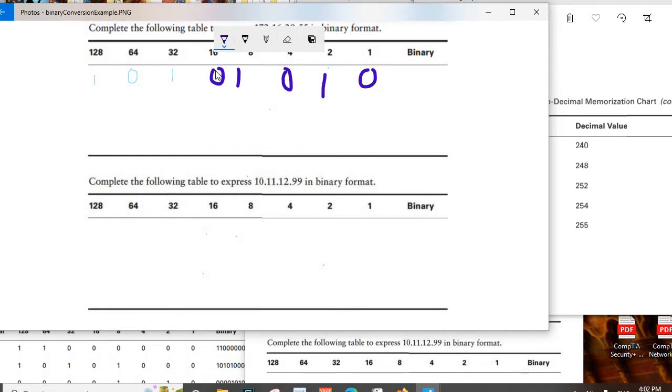So we're just going to do 16 and then we're going to do 20. 16 is just there, and the rest of it is zeros all the way through. If it's just 16, then you just have a 1 there and the rest are zeros.